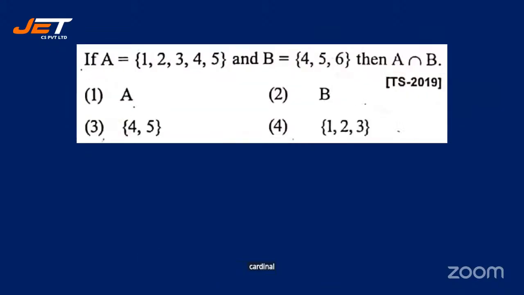Right. Now, you have set A is equal to 1, 2, 3, 5. Set B is equal to 4, 5, 6. Right? So what is A intersection B? What does A intersection B mean?